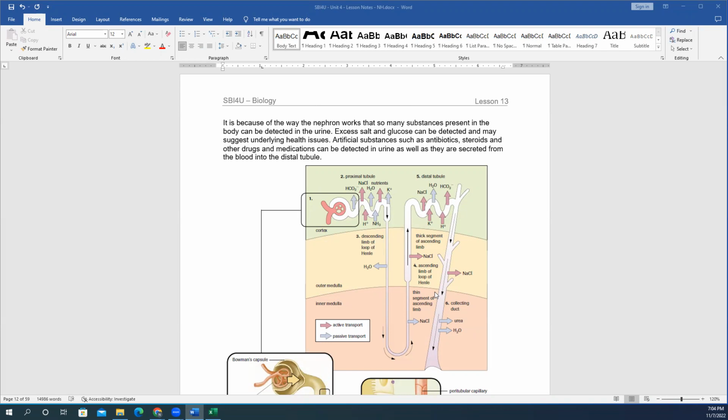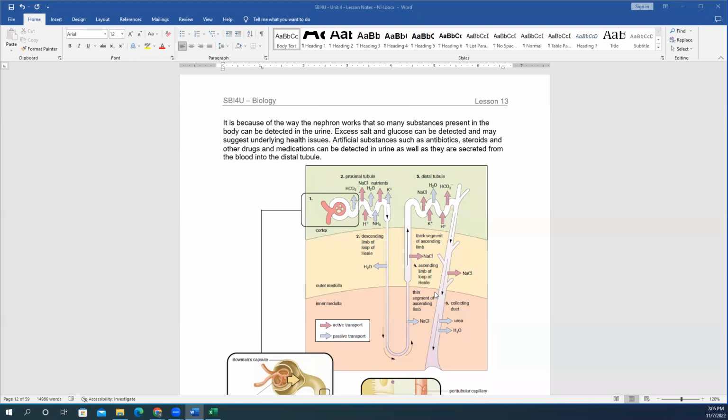You can have excess salt and glucose that can be detected. And if there's too much salt or too much sugar in the urine, that will suggest that there's an underlying health issue. Perhaps you've got diabetes if there's too much glucose being excreted in your urine.